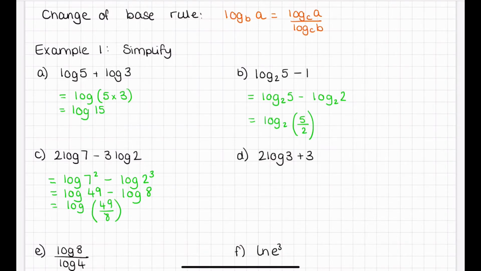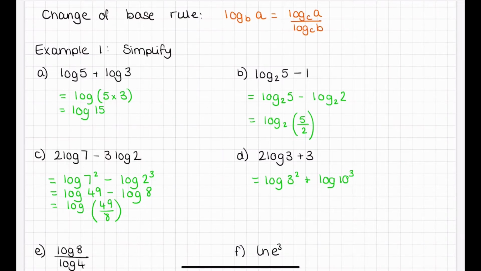D, we've got 2 log 3 plus 3. So same as part B, we've got this plus 3 that we need to write as a log. So what we're going to do first, we're going to write log 3 squared. If we look at the first part, we've just got log, which means it's a base 10. So we need to write 3 with a log of base 10. So to do that, we write log. We know the base is 10, which means we need to write a 10 there, and to the power of 3.